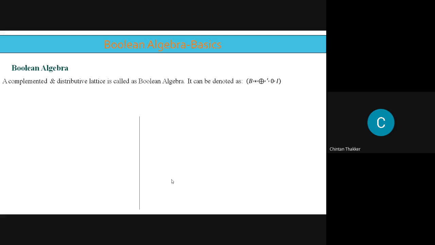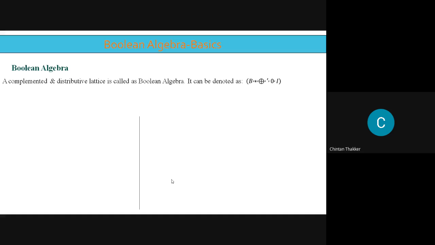First, 3 conditions for the lattice: commutative property, associative property, and absorption law. Then the distributive property, the 4th condition. 5th, bounded, meaning 0 element and I element exist. And 6th, the complement of each element exists in the set.